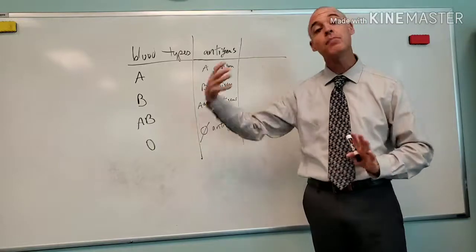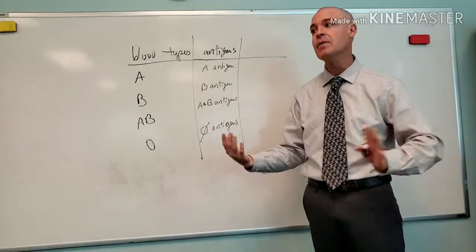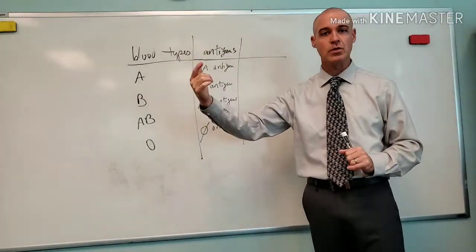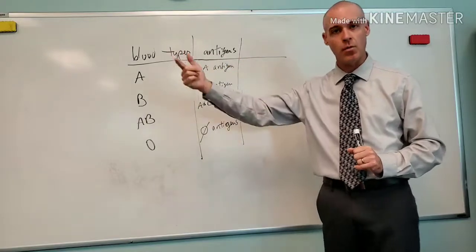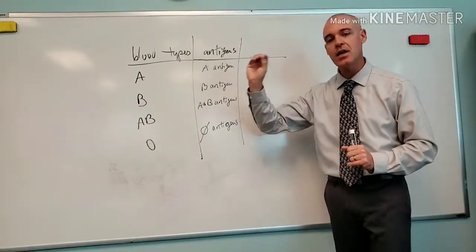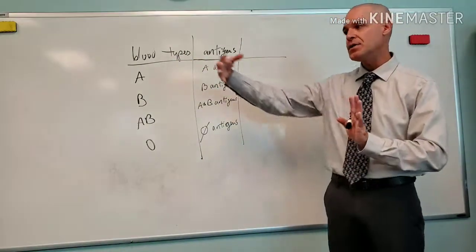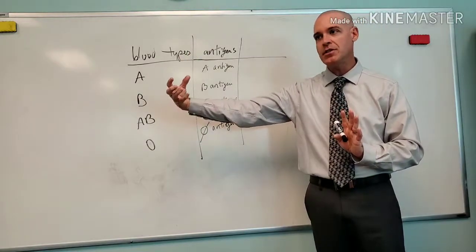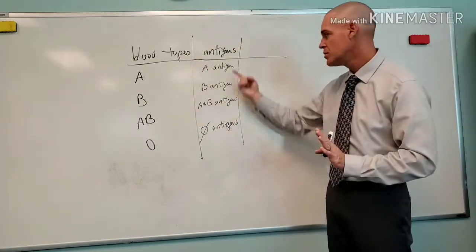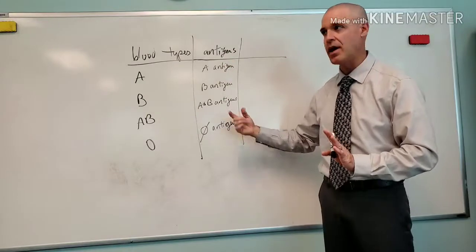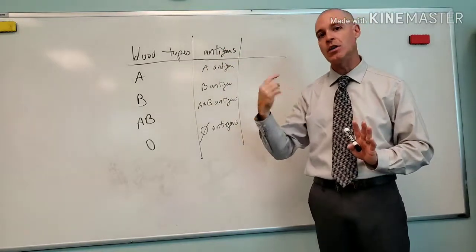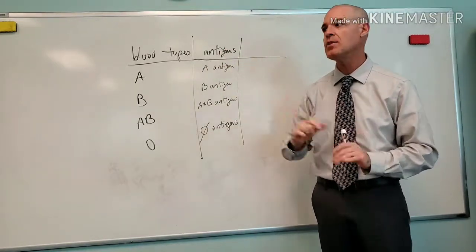I could have a type A person's blood because that would be the same type. I could also have an O person's because it's the universal donor, and we'll talk more about that. But the key to remember is that putting somebody else's antigens into my body, depending on what type they have, can cause a potential problem.